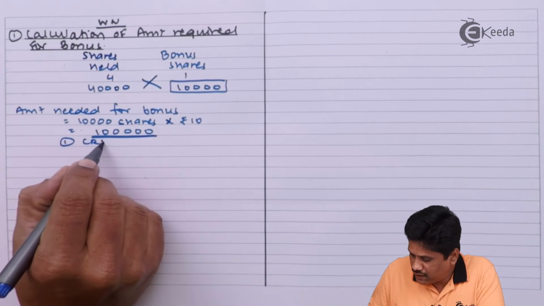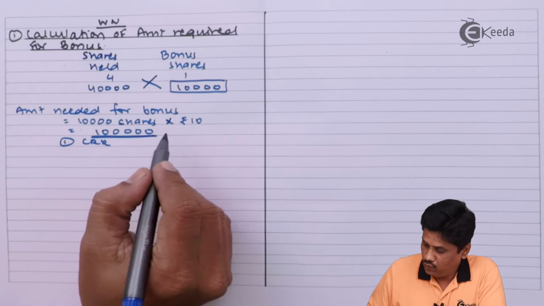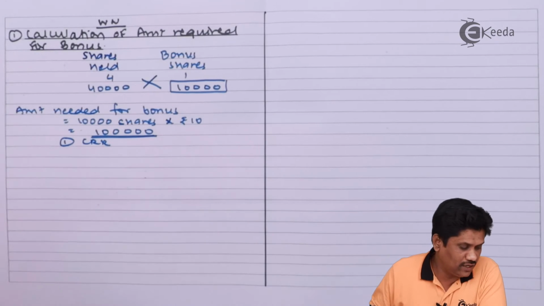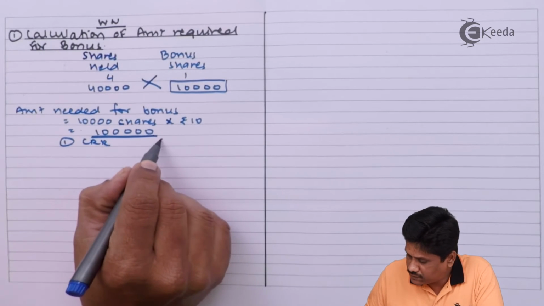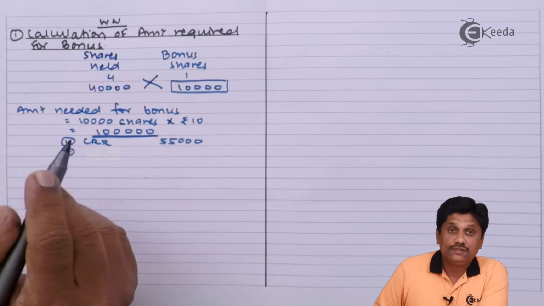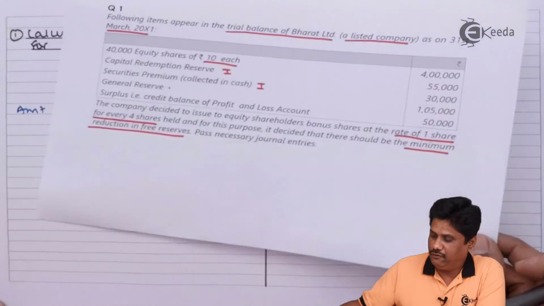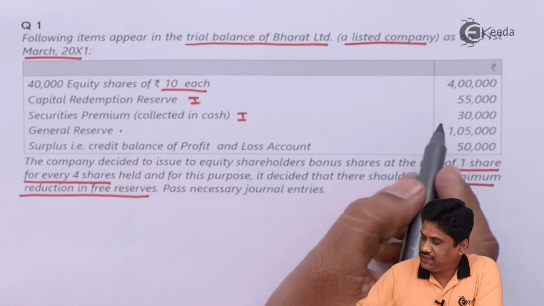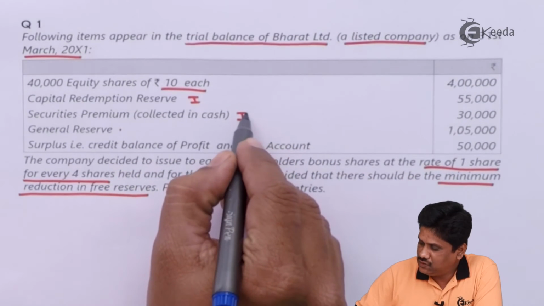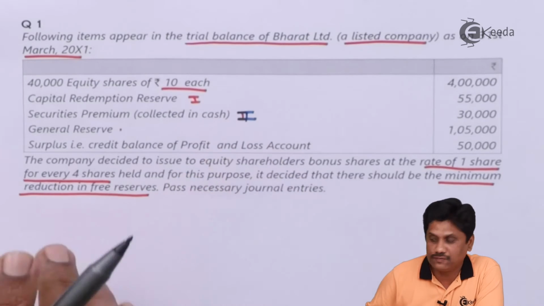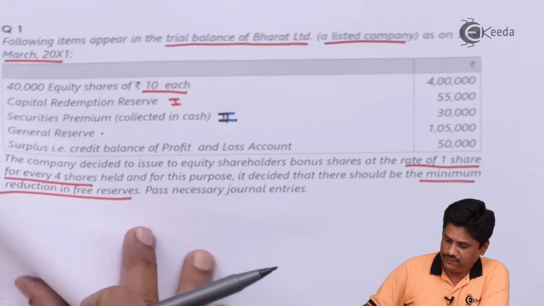The amount required is 1 lakh, but I have CRR only 55,000. Second, you will use capital type of reserve. The next capital type of reserve we have is securities premium, which is realized in cash. It is used as the second preference. So the amount is 30,000.